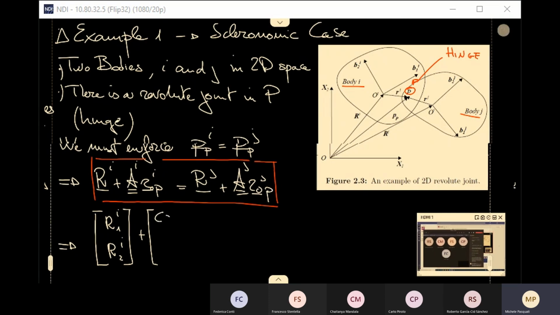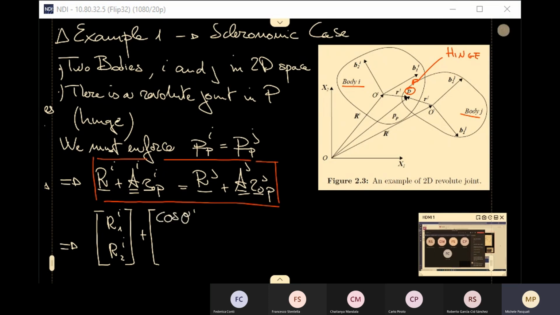We can write it as cosine of theta I, minus sine of theta I, sine of theta I, plus cosine of theta I, right? Like so.